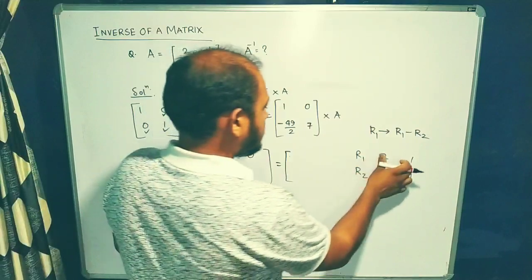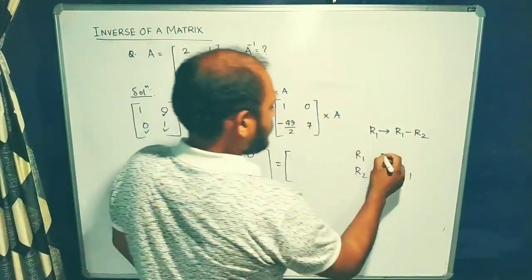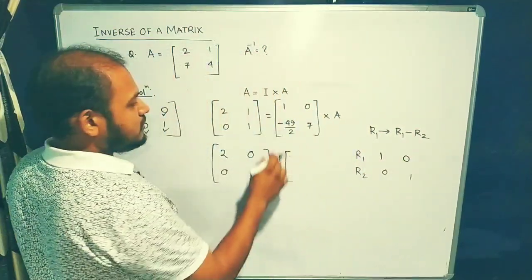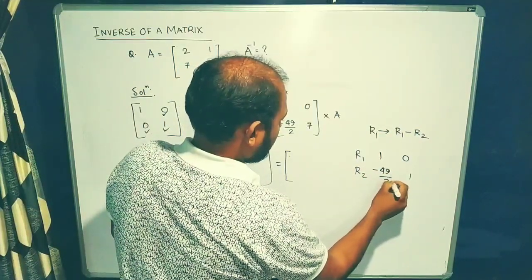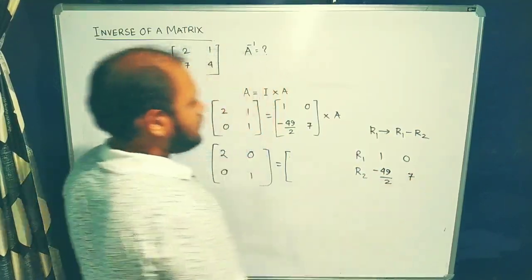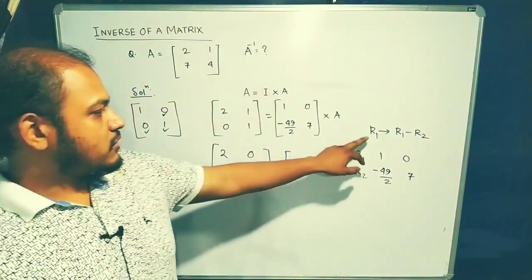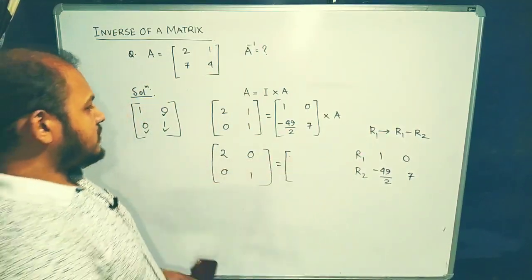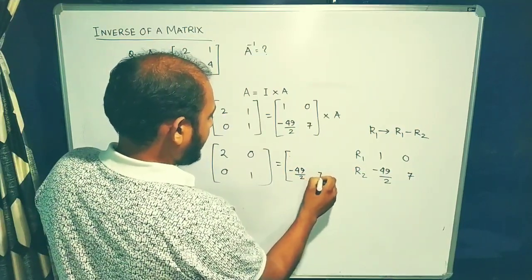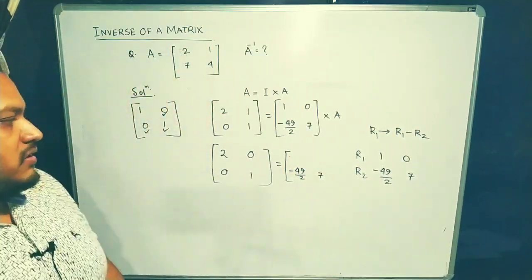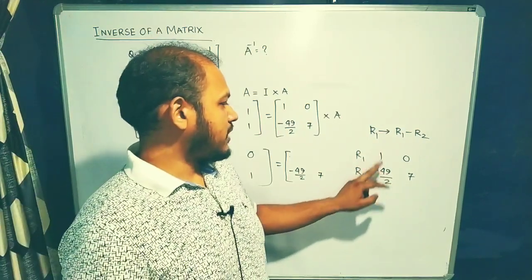On the right hand side, first row is 1 0 and the second row is minus 49 by 2 and 7. Now we see that the second row does not change here, so keep the second row as it is, and only the first row gets changed, and that is R1 minus R2.